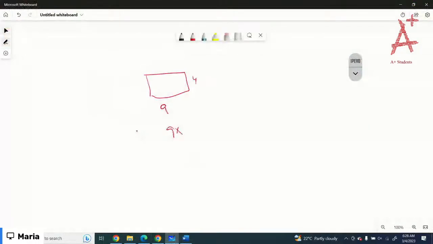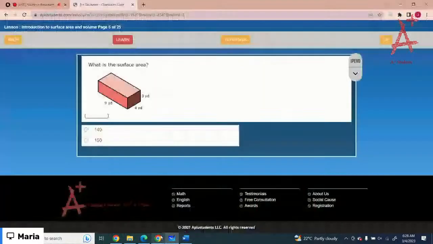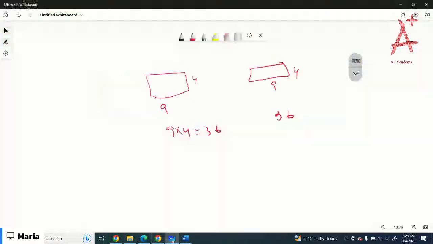Got it? So it would be 9 times 4. 9 times 4 is 36. Got it? It is in the pair. 9 and 4. It is 36. Got it? Okay, now 4 and 3, the smaller side. Got it? The smaller side has the dimension 4 and 3. It would be 4 times 3 is 12. Got it? So same as for the other side, it would be 12.